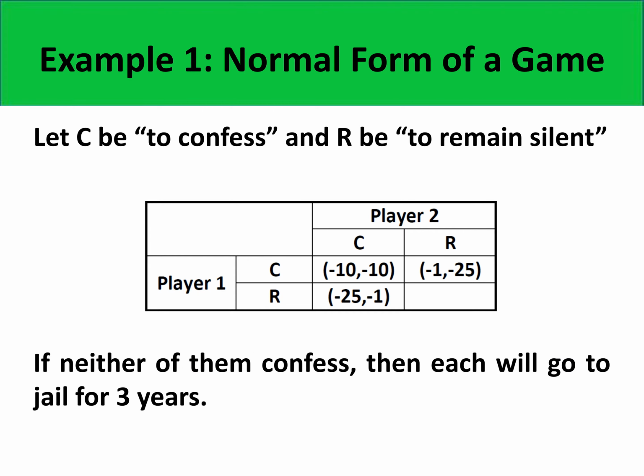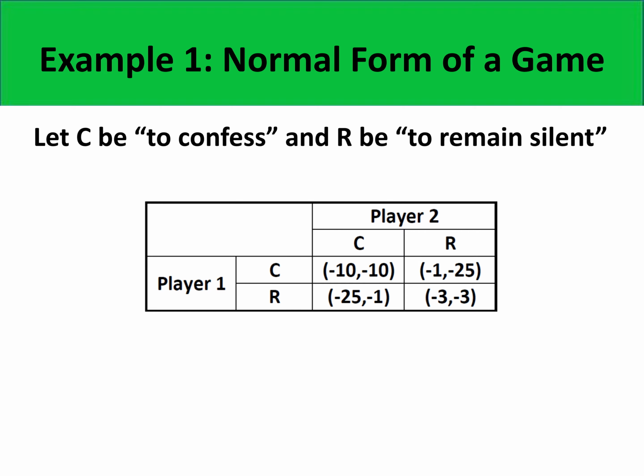Finally, if neither of the players would confess, then each of them will go to jail for 3 years. So this means that player number 1 and player number 2 both get -3 as payoff.